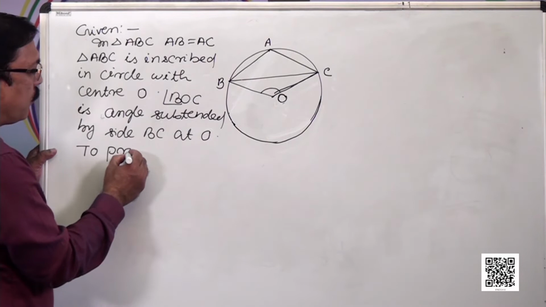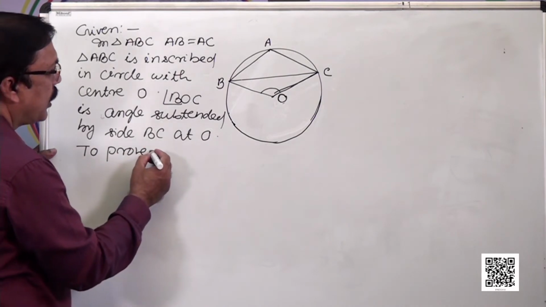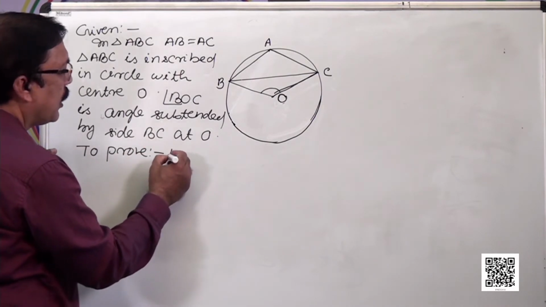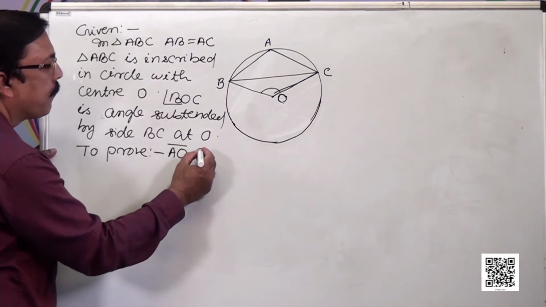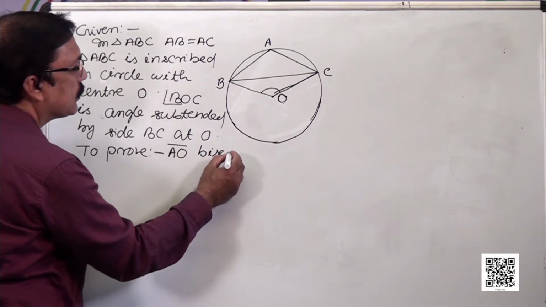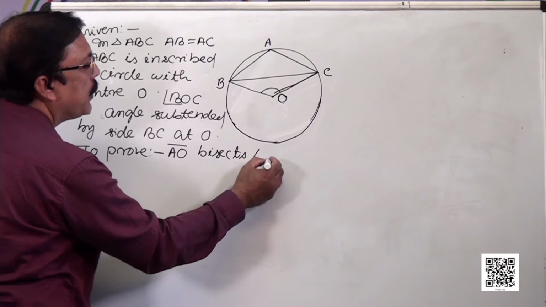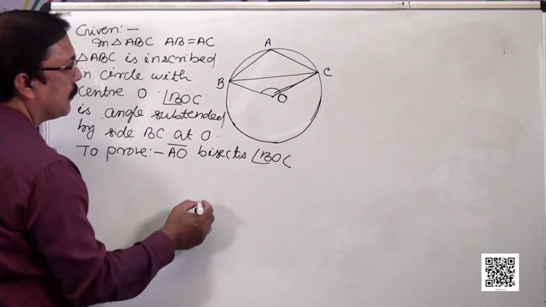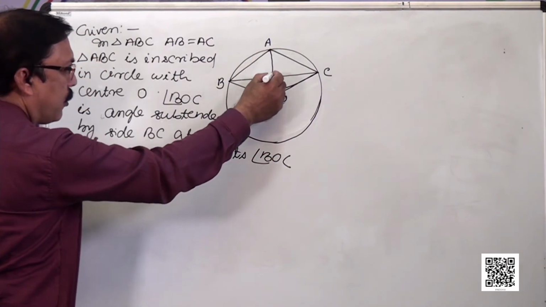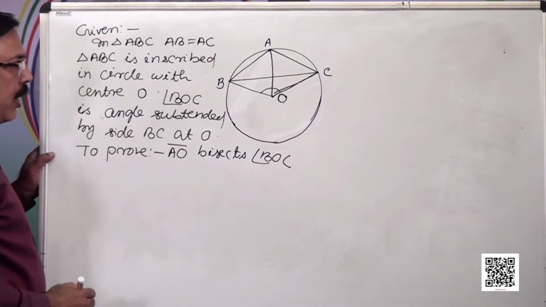We have to prove that AO bisects angle BOC. So we have to draw this AO.